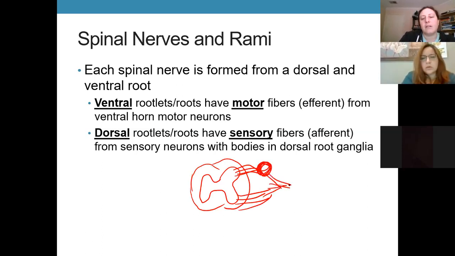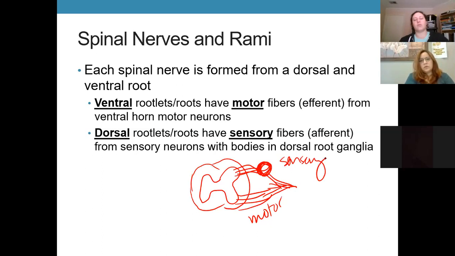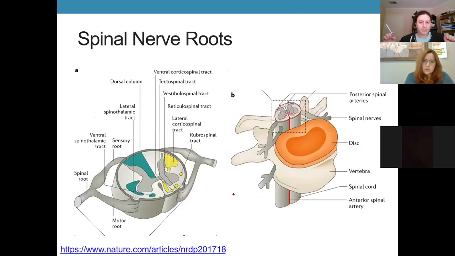They all come together, and voila, you have a spinal nerve, okay? So all the motor stuff is down here on the ventral roots. All the sensory stuff is being carried by the dorsal. So all of that organization that we see within the spinal cord itself follows through the roots of the spinal nerve.